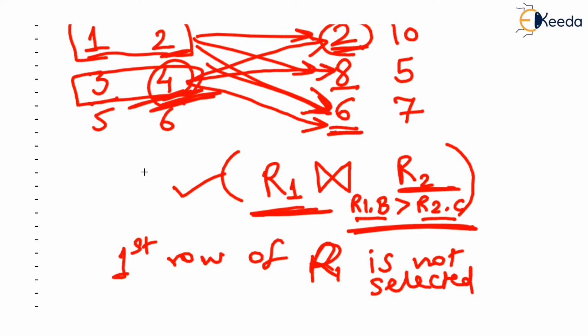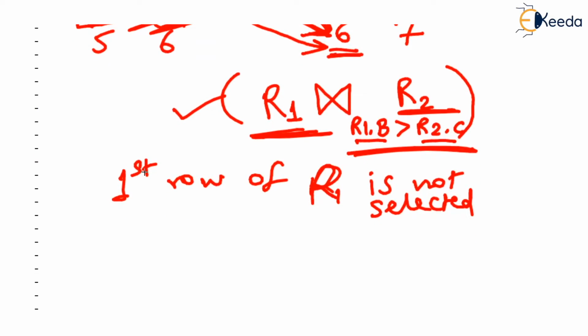But isn't the condition B greater than C true for one of the rows? It is true for 3, 4 and 2, 10. So in our result, the second row of R1 is shown.